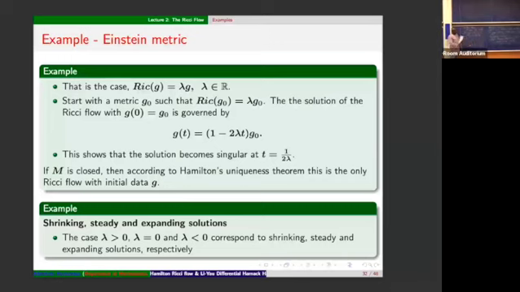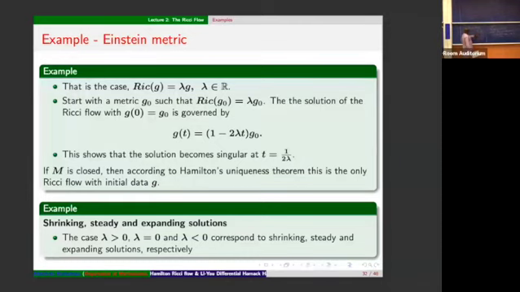And the meaning of this is that G_t degenerates at the point t equals 1 over 2 lambda. The Ricci flow becomes singular at this point.